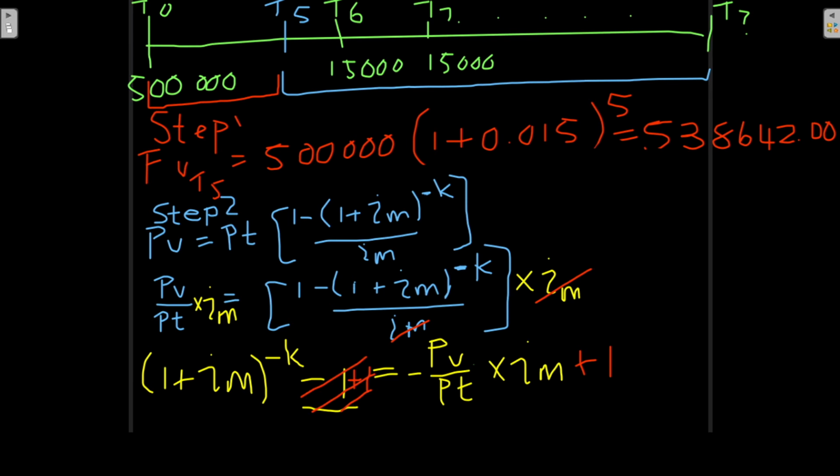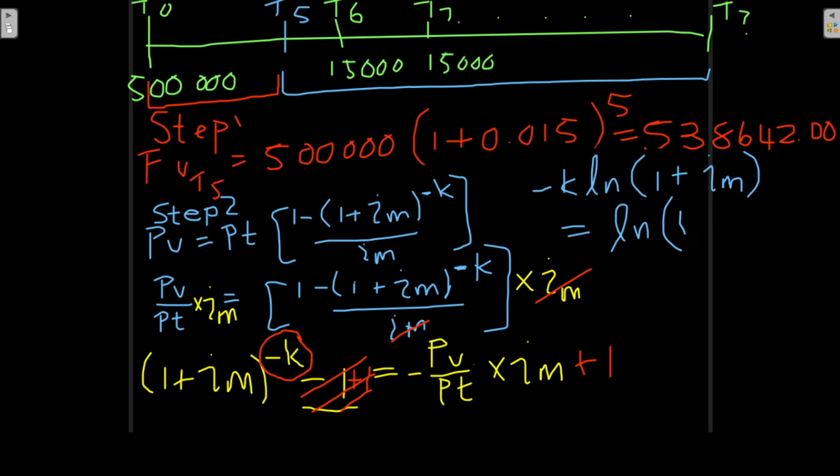Now what I want to do is I want to get this k on ground level, and I do that by taking the log. So if I take the log on the left, I get minus k. That is on the left, and on the right I will have ln of 1 minus.